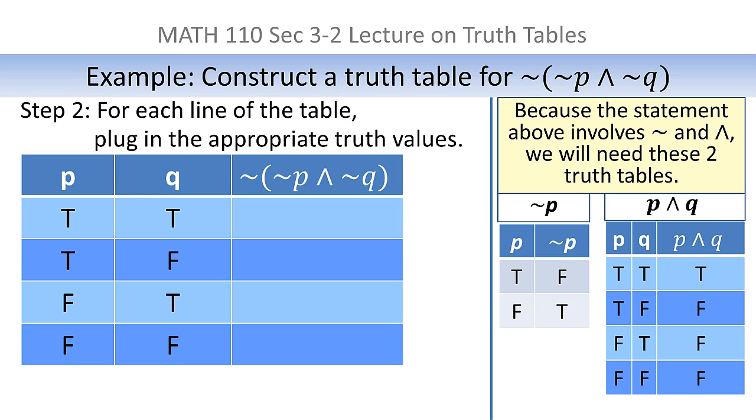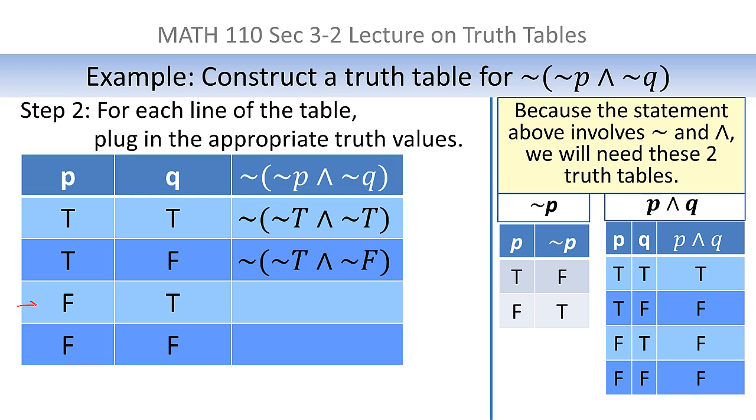Once you get the truth table set up that way, you just want to evaluate it line by line. So we'll start off with the first row, P being true, Q being true. If you plug in a true for P and a true for Q, you get that expression for the first line. Then for the second line, if you plug a true in for P and a false in for Q, you'll get that expression.